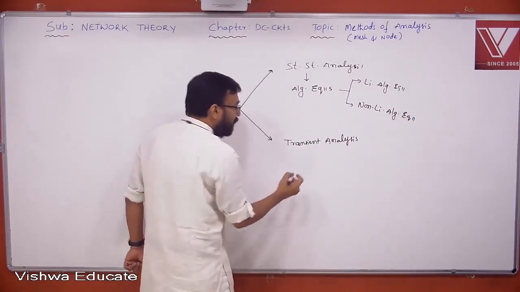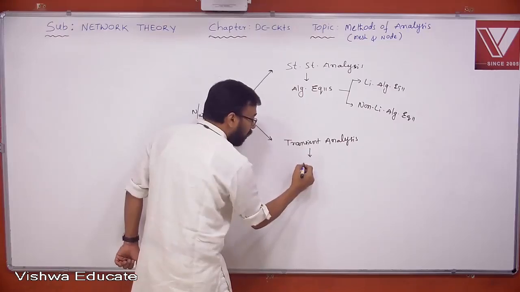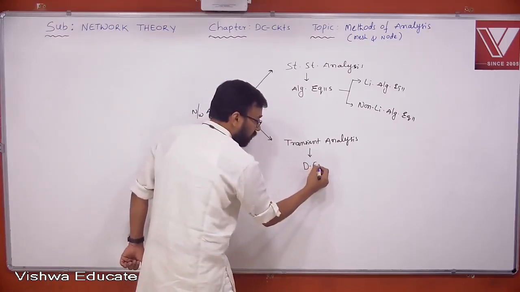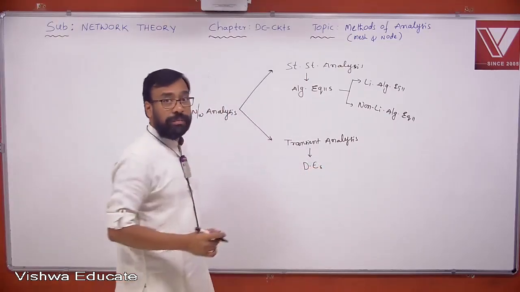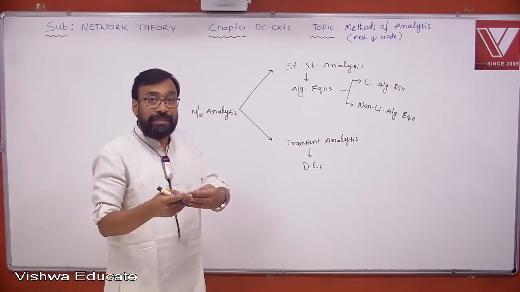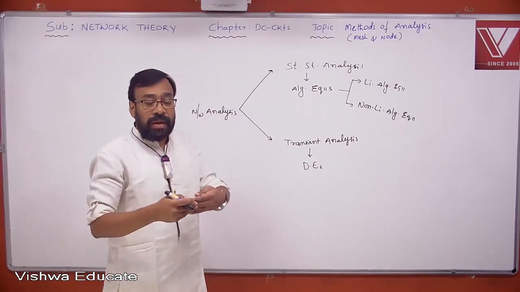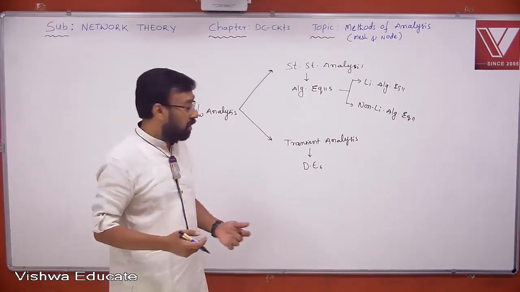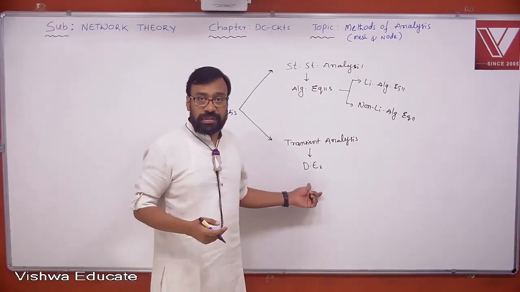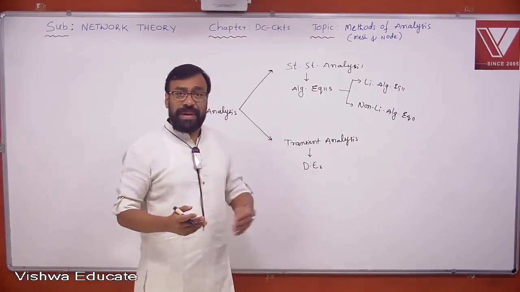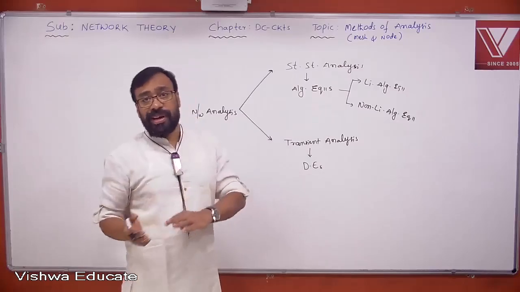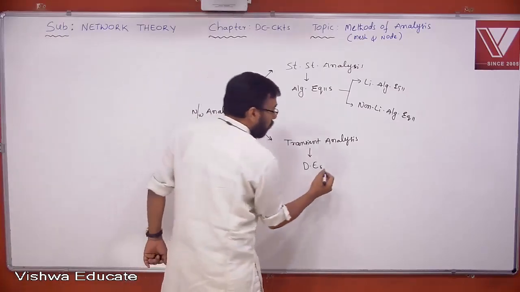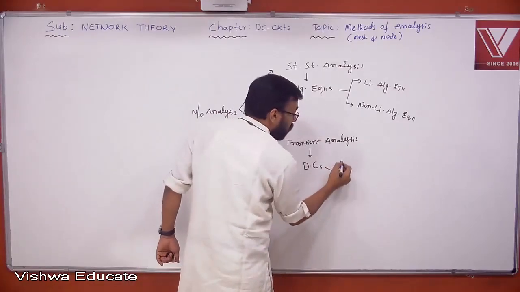Now, for transient analysis you require differential equations. Generally, the mathematical equations required to analyze the given system using transient analysis are differential equations. Again, the system might be linear or nonlinear.